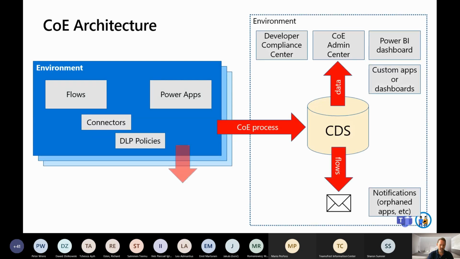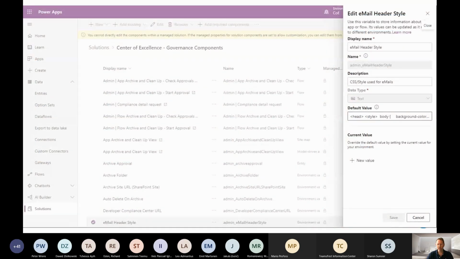Okay, with that, just to complete here, we have this architecture. We saw that. And my next slide here is just how this can look like. So if you configure the Center of Excellence, you have these environment variables where you can define which email address shall be used, where the logo for my company comes from, and so on. So you can simply go through that.